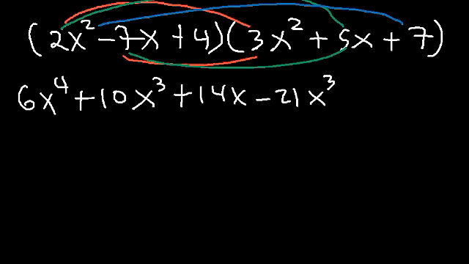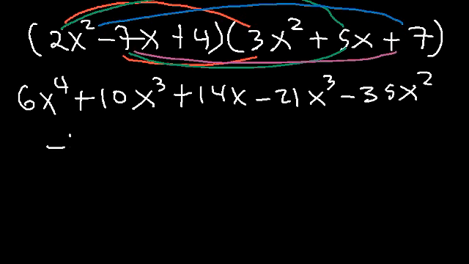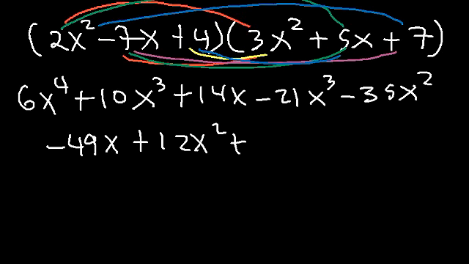Negative 7x times 5x is negative 35x squared. Negative 7x times 7 is negative 49x. 4 times 3x squared is 12x squared. 4 times 5x is 20x. And 4 times 7 is 28.